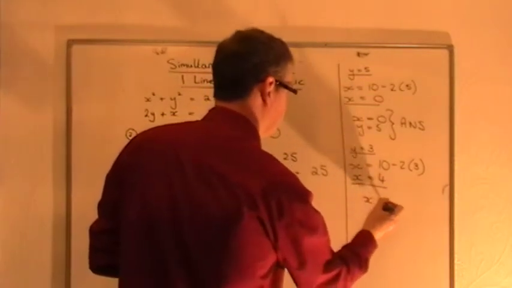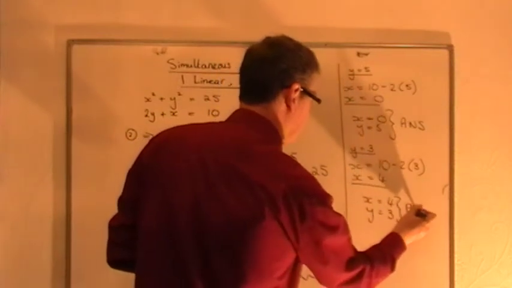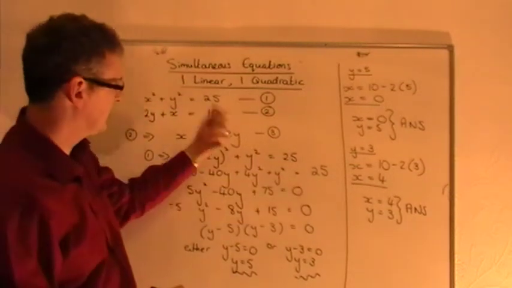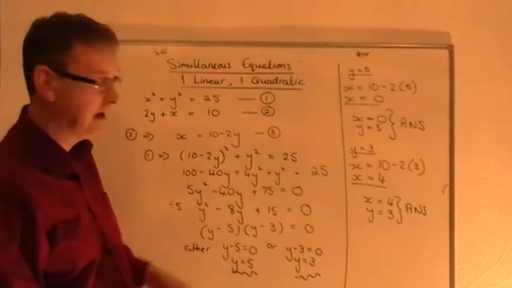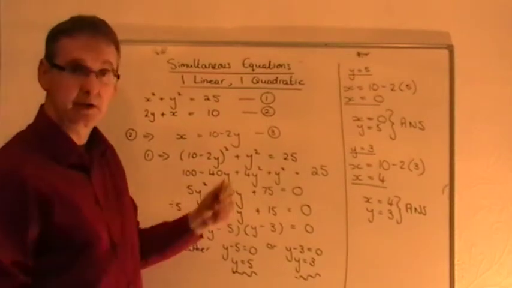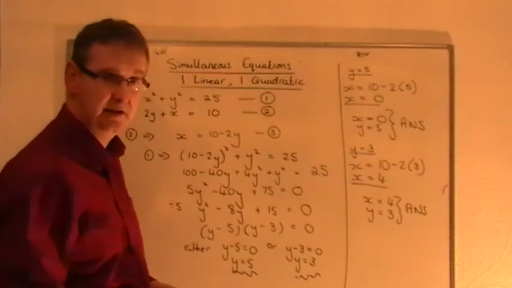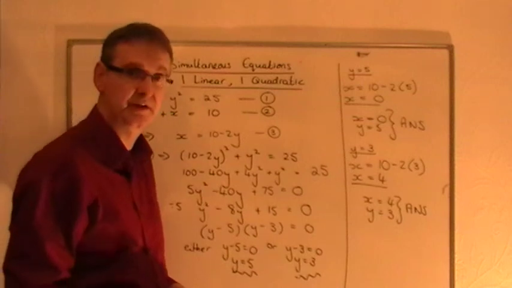So the second pair of answers, x equals 4, y equals 3, is your second solution. If you put x equals 4 and y equals 3 into equation 1 and equation 2, it works for them both simultaneously. There you go, that's the basic technique that we did in September on solving one linear, one quadratic simultaneous equations.